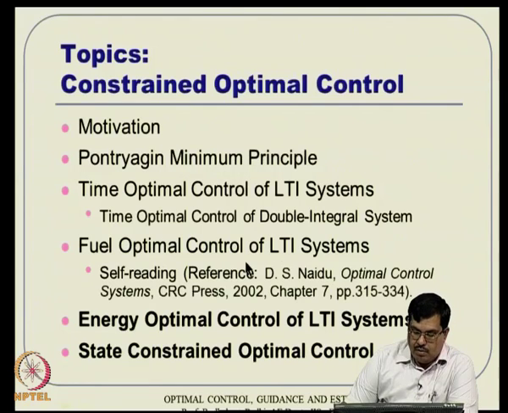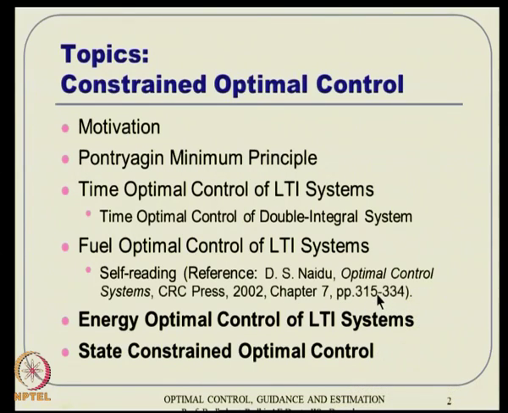Fuel optimal control happens to be one of the topics in the book, but because of lack of time, I will rather leave it for self reading. You can read this topic from chapter 7, these pages. It is not that difficult, it is very similar to the time optimal control problem, just that there will be a singular arc in between, and the function happens to be slightly different than just the signum function.